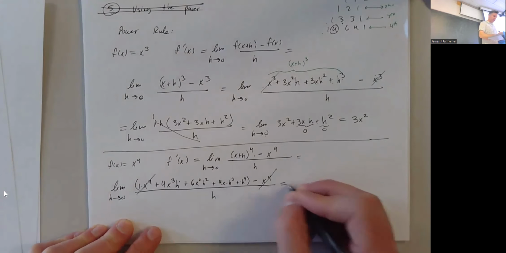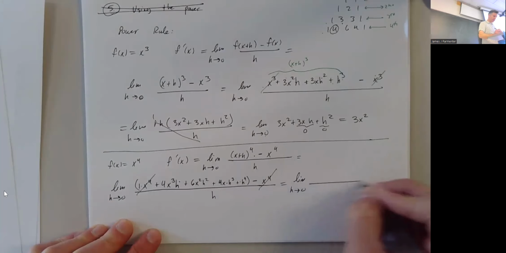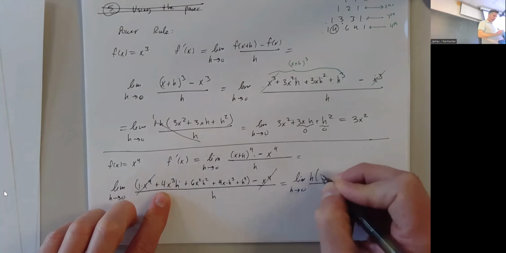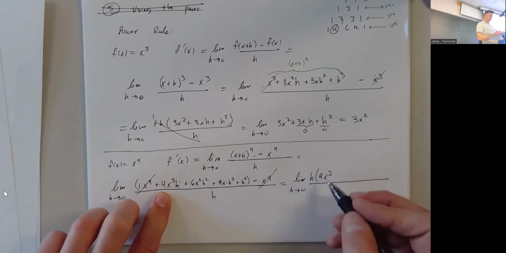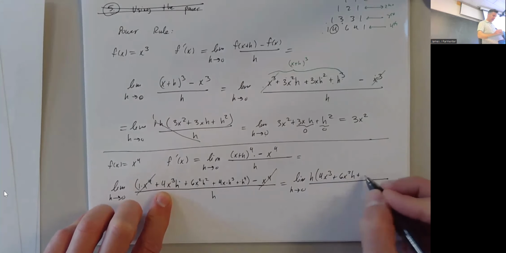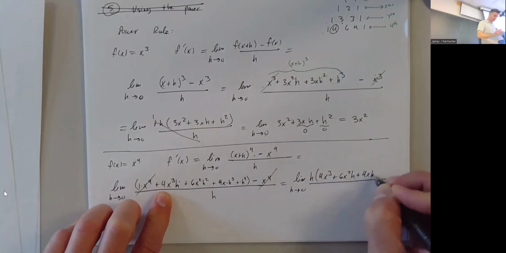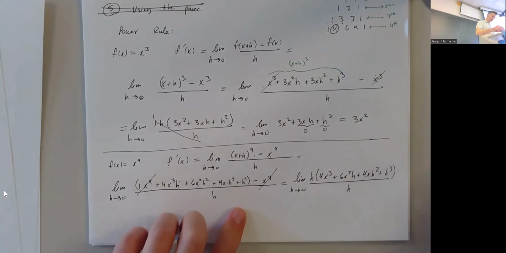So that when we then factor out an h from the top, we get a 4x cubed or something without an h in it. And then everything left is going to have at least one h in it. I get 6x squared h plus 4x h squared plus h to the third, all divided by h.